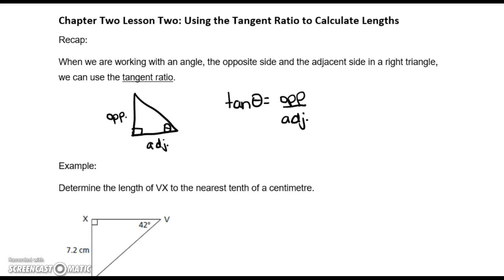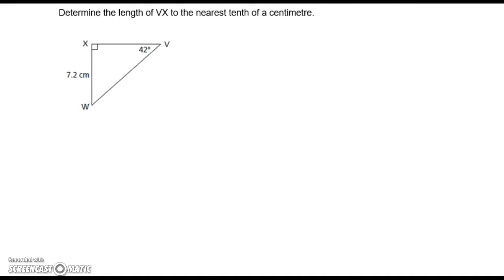Using this ratio, we can find any of those sides or the missing angle just by manipulating our formula. We're going to look at manipulating our formula to calculate the length of a triangle side. This here is example number 2 from your notes. We're going to determine the length of VX to the nearest tenth of a centimeter.